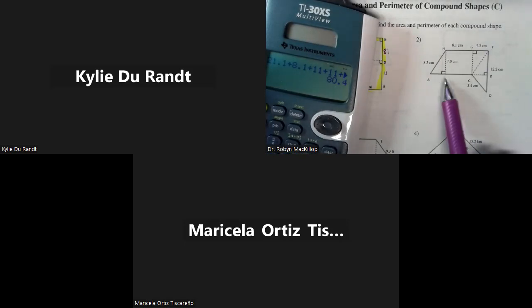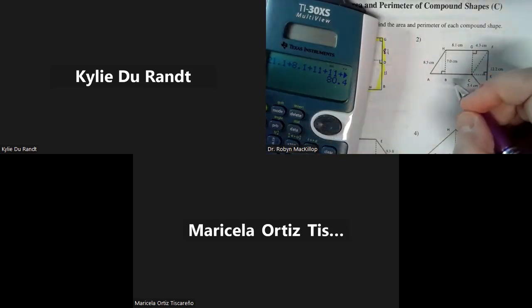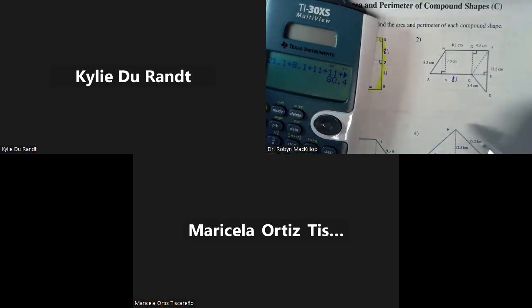All right, so this one has been broken up in many, many different shapes. Let's start with this triangle. Do we have all the measurements we need for this triangle? We've got 2. We don't have this. We may need to use the Pythagorean theorem. The top here is 8.1, which means the bottom here is 8.1. We don't care about the interior because we're doing perimeter.